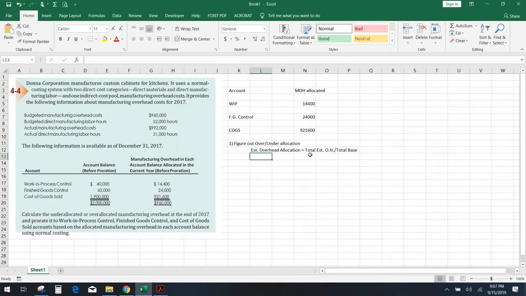Okay, so the total estimated overhead, the budgeted manufacturing overhead costs, is $960,000.